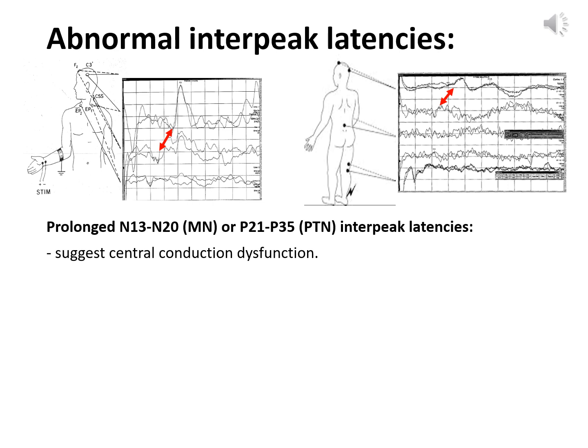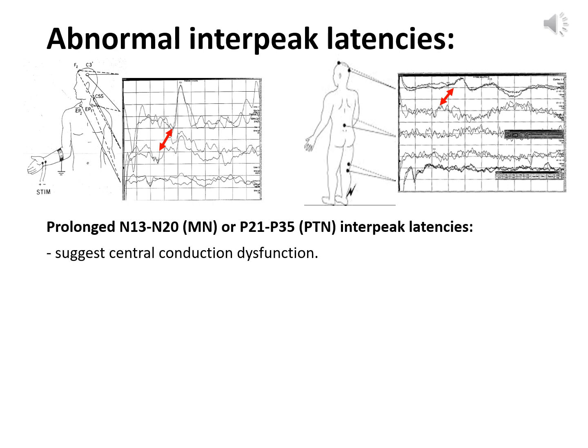While absolute latencies can be affected by a number of factors, interpeak latency is the measure of central conduction. Therefore, if the N13-N20 interpeak latency for the median nerve study, or the P21-P35 interpeak latency for the posterior tibial nerve study is prolonged, then this suggests a central conduction dysfunction.